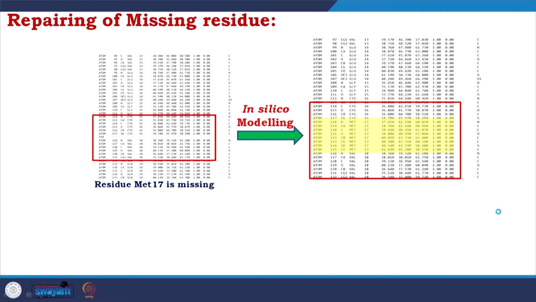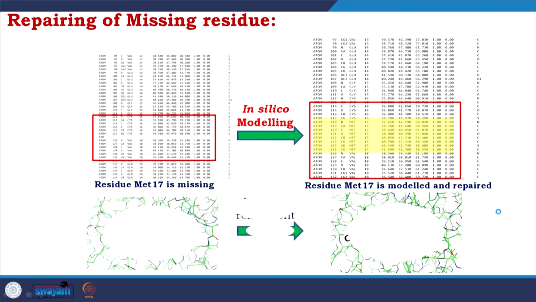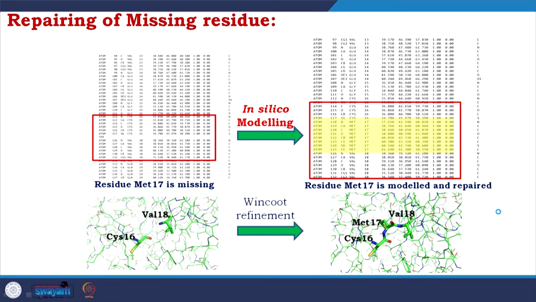Using in silico modeling, we have modeled it, repaired that, and now we take help of COOT. You know, the program COOT is not only a visualization program, as I always say, it is also a program by which you could do real experiments.